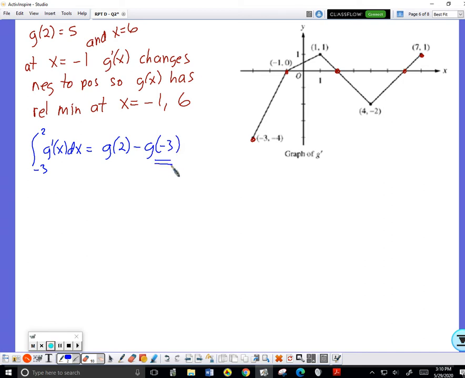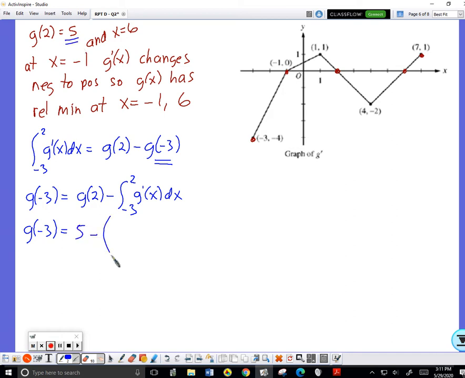Solving for this, g of -3 is going to equal g of 2, which is 5, big parenthesis for this subtraction there.